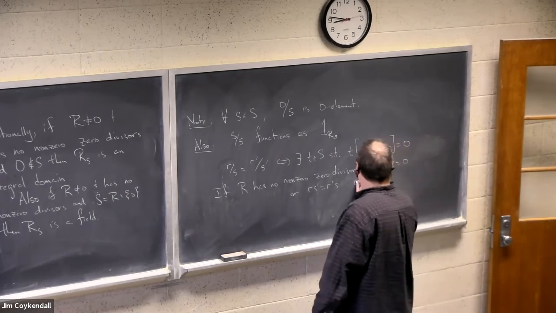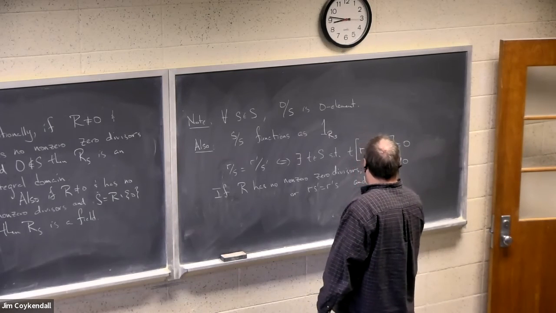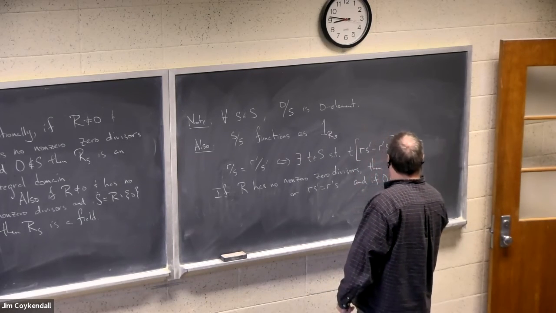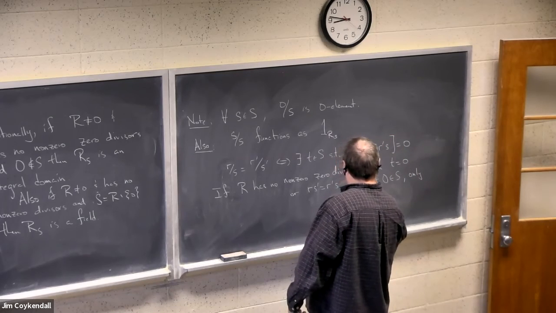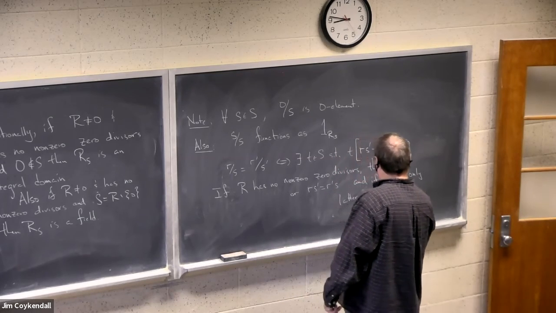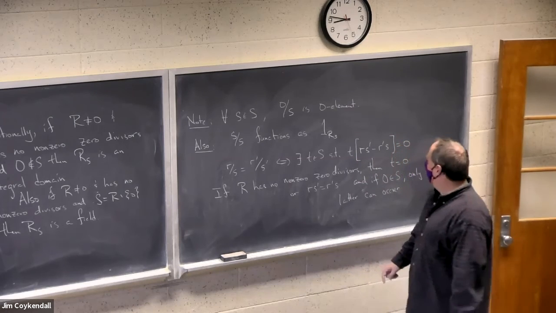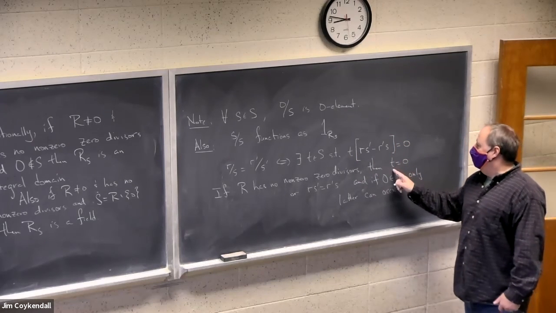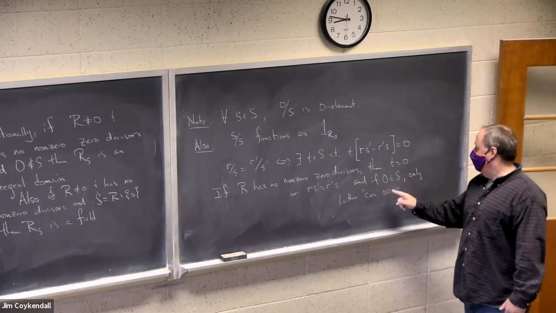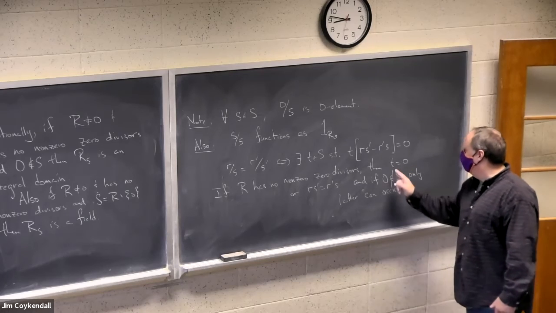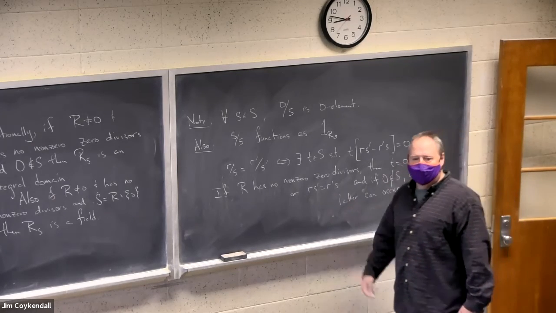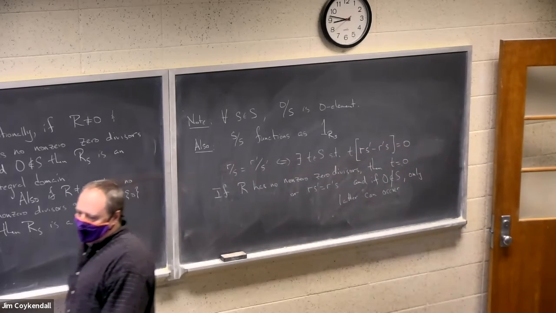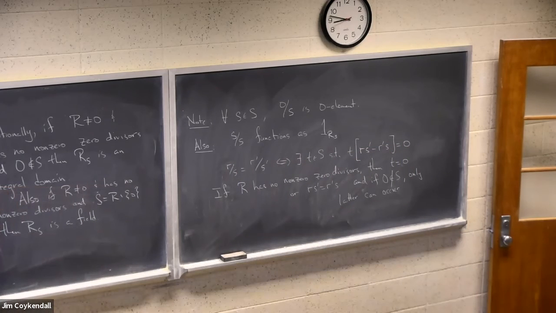And if 0 is not in S, only the second can occur, because T can't be 0 if 0 is not in S. So if you've got no non-zero divisors and the multiplicative set doesn't contain 0, then there you go.